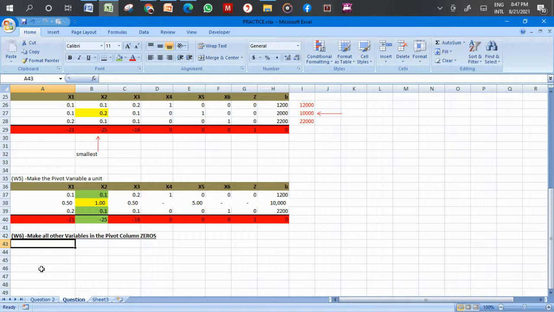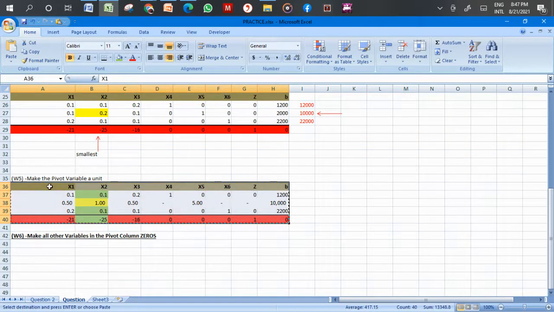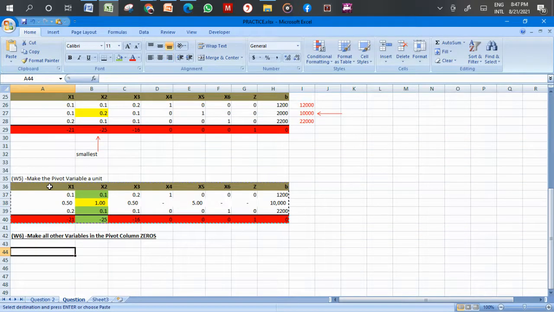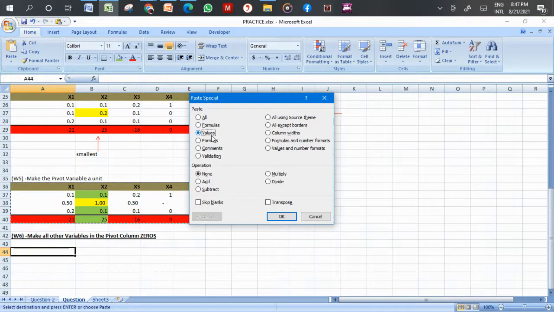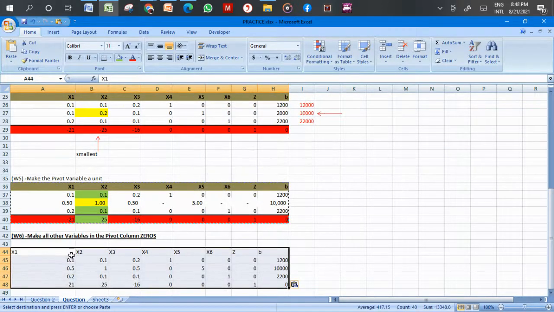Okay, so the second objective is to make all other variables in the pivot column zeros. I'm talking about the other variables that are indicated in green. Let's paste special, and I want to paste as values here.